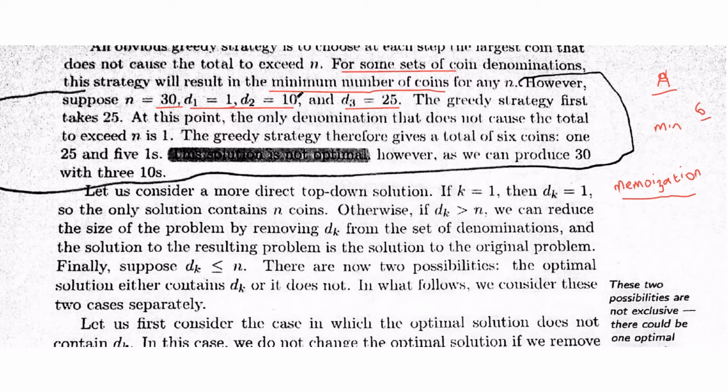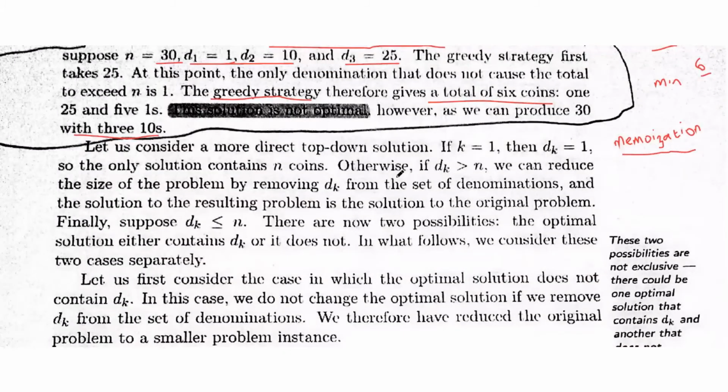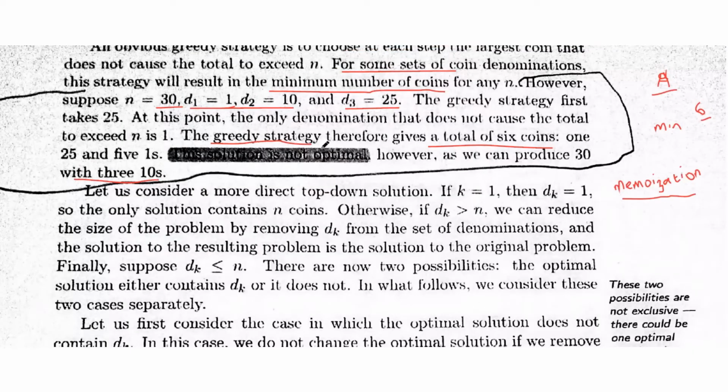So what is optimal is for her to give you 3 of this. And that is what this is saying, that the greedy approach is not always optimal, as shown in this case. So now we're going to look at how we can use dynamic programming to solve a problem like this.